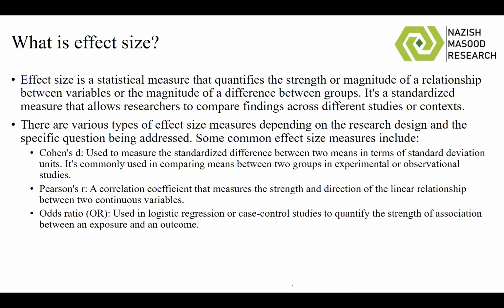With that being said, I have already delved into what effect sizes are, but just to give you an idea, you can think of effect sizes as one number or maybe a range that tells you the overall effect of every study, say, of an intervention, how effective it is.